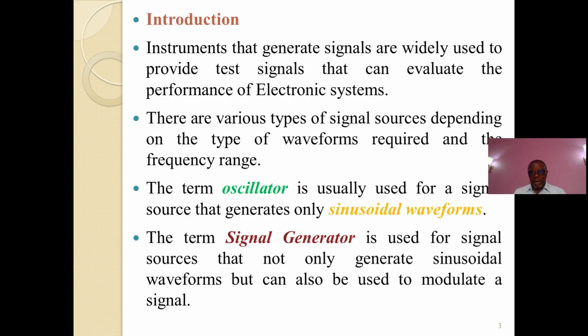We say usually used to denote those signal sources that generate only sinusoidal waveforms. The term signal generator is used for signal sources that not only generate sinusoidal waveforms, but can also be used to modulate a signal.